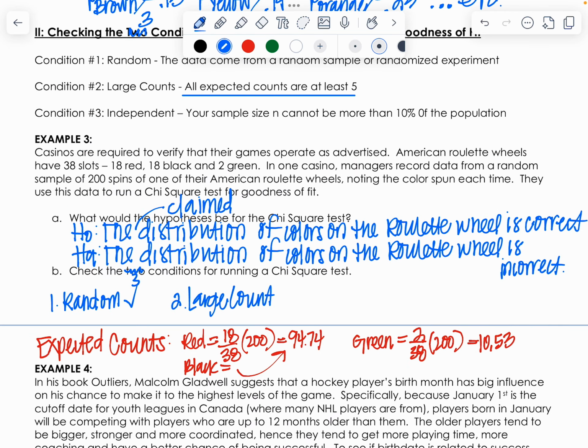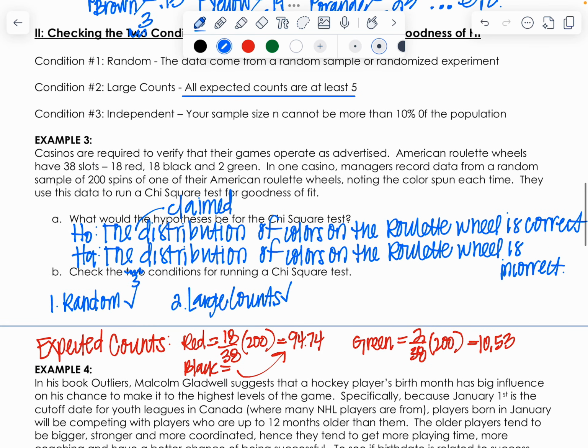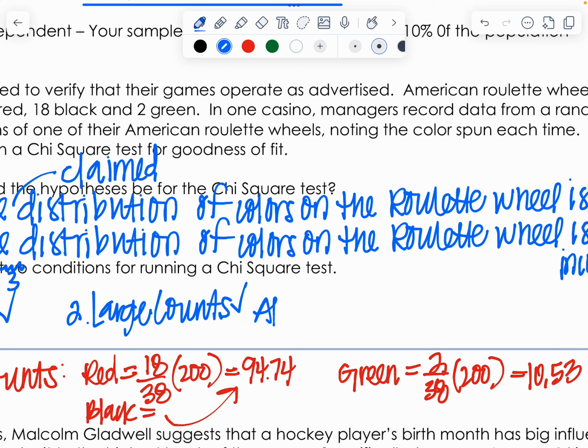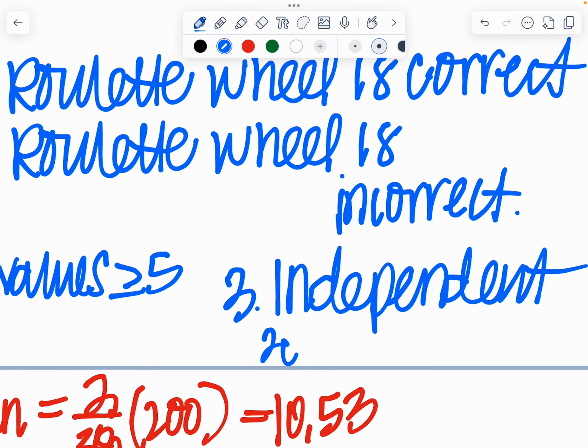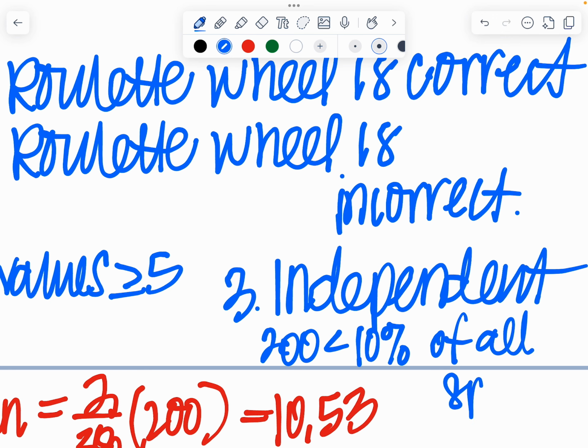That does satisfy large counts because all expected values are greater than or equal to 5. And then our last one, 3, is independent. And that is satisfied because 200 is less than 10% of all possible spins.